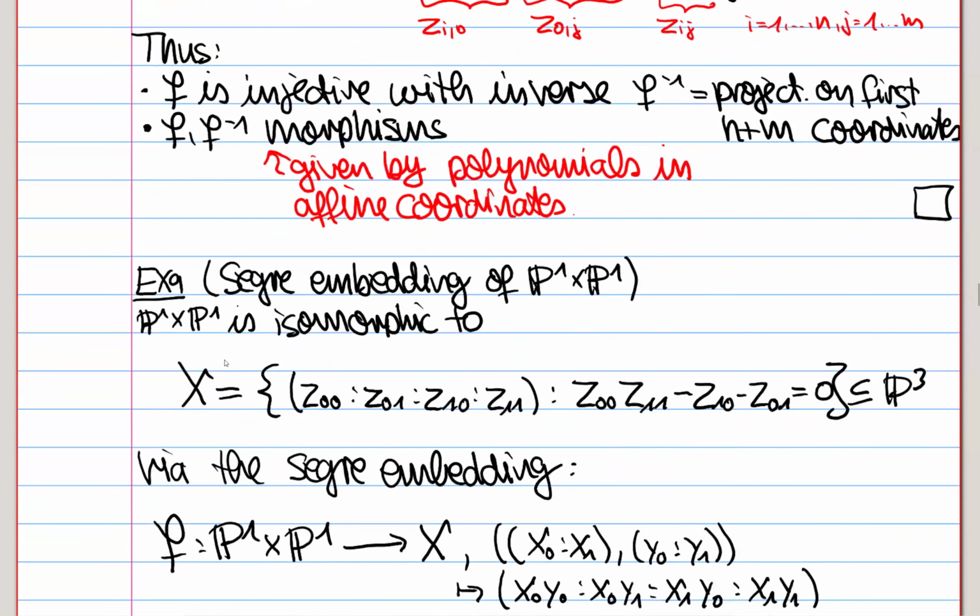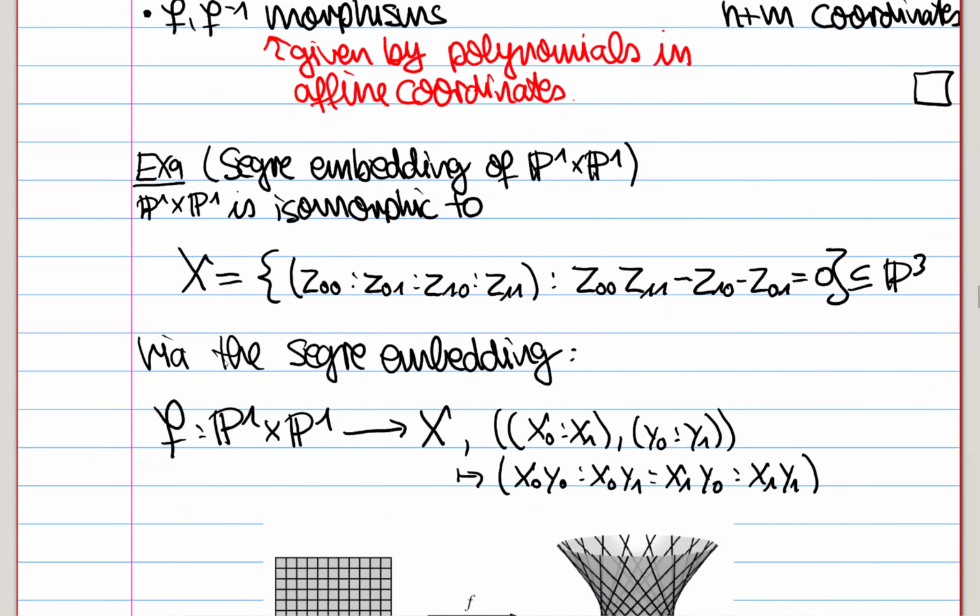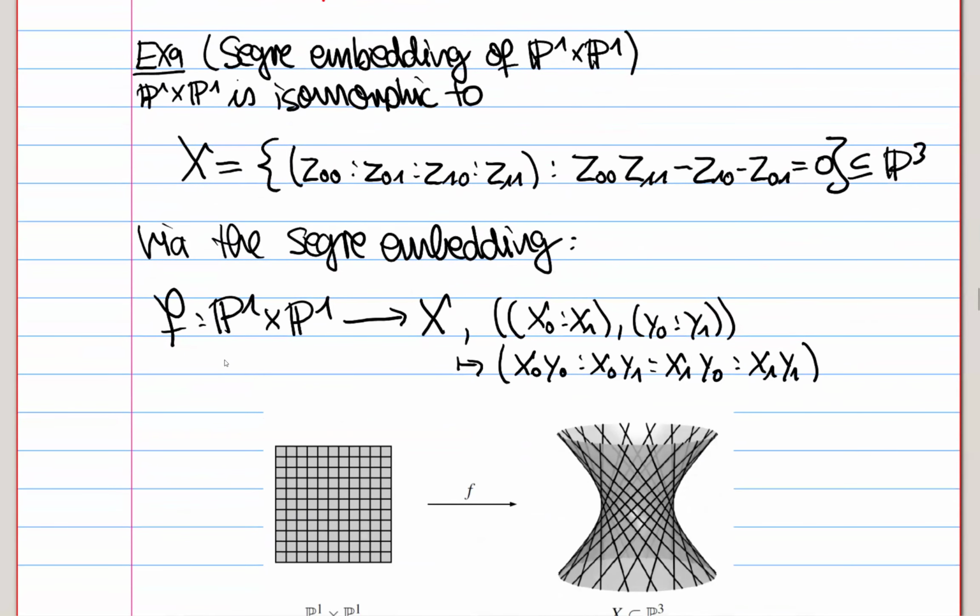We can look at an example how this works. This is the Segre embedding of basically the simplest case, P^1 cross P^1. And there it says this is isomorphic to something in this big projective space that we embedded in. And the single equation that we look at is z_{00}z_{11} equals z_{10}z_{01}, from the indices.